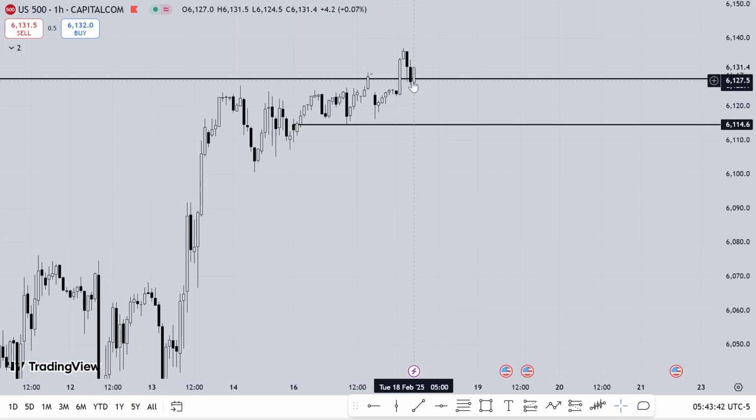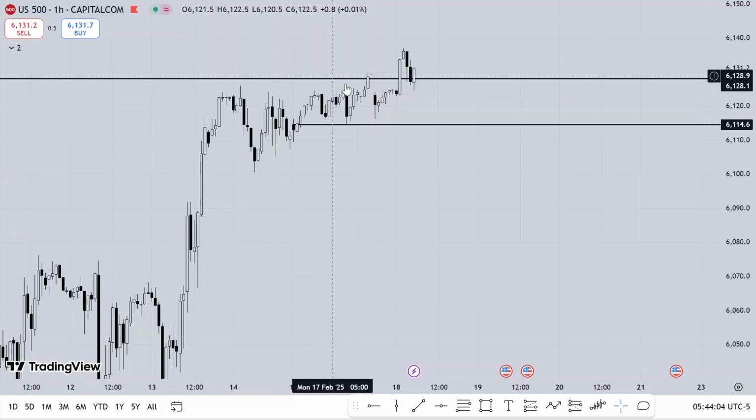That expansion leg will leave a fair value gap or an order block. Mostly we would like to see a fair value gap and an order block coupled together, because that makes the order block of a higher probability. That is the narrative going into this week's trading.